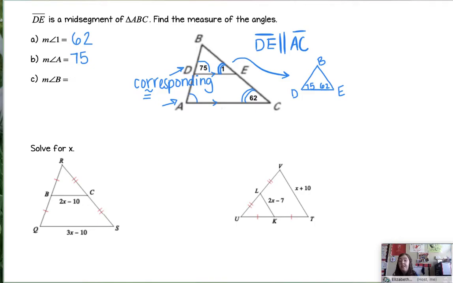Now we're trying to find angle B. How much do all the angles of a triangle add up to be? Exactly right, Lizzie. Very good, Hunter. Yeah, so there's a couple of different ways to do this. I like to think of it as all of my angles.